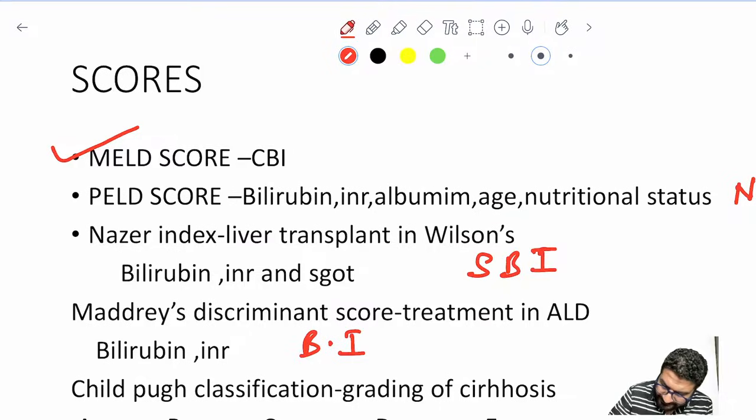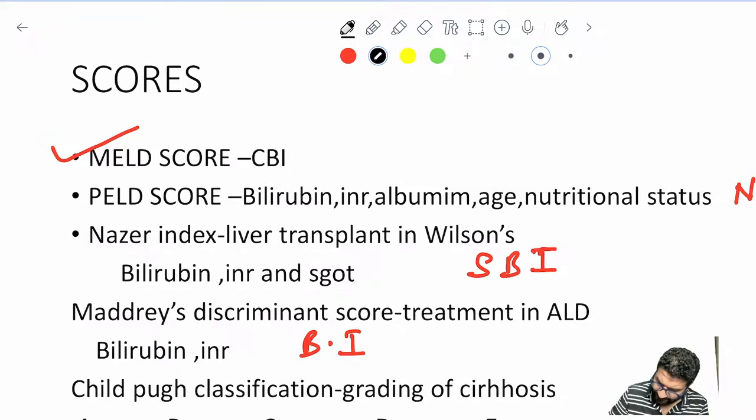Now what is ABCDE? Understand? In Child-Pugh what we have? A for albumin, B for bilirubin, C for coagulation. Coagulation study means PT/INR. D for distension.